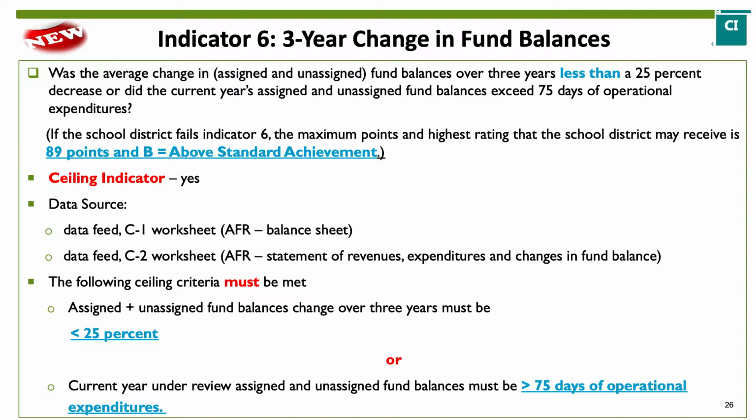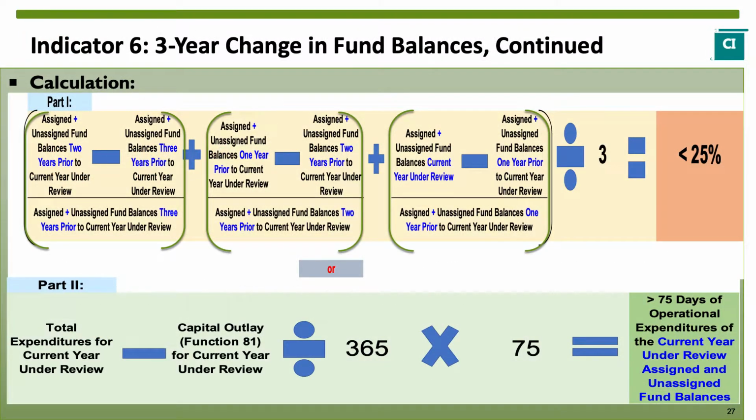The formula is on the next page. It's actually really simple. It just looks very long only because we have to write out assigned and unassigned. But it's a very simple formula, and it's looking 3 years back. Say it again. It's a look back from the 2021. Yes, ma'am.